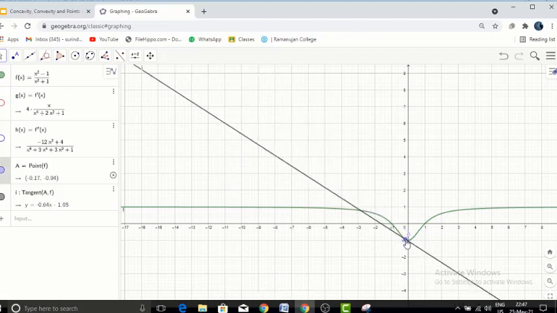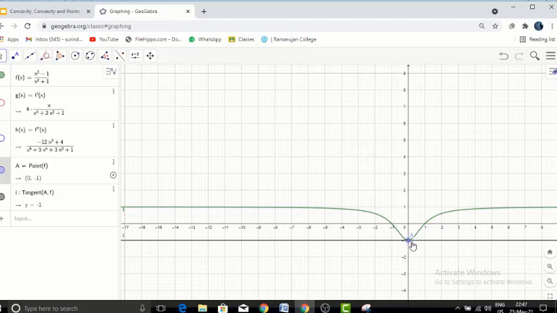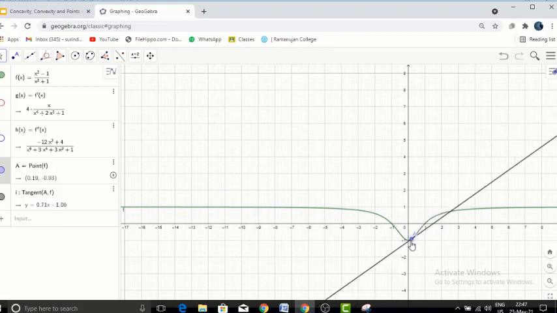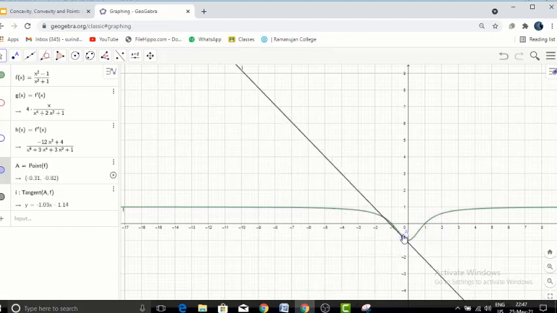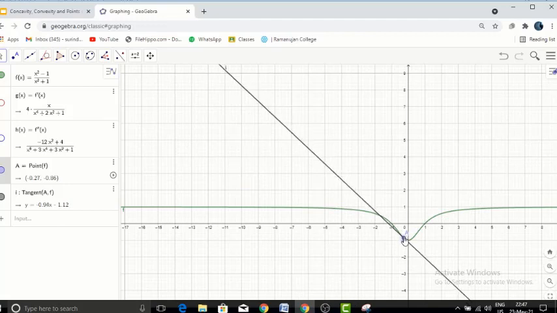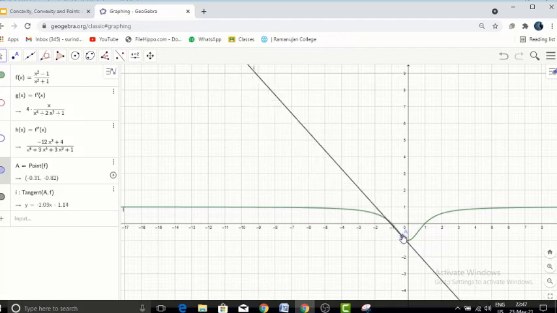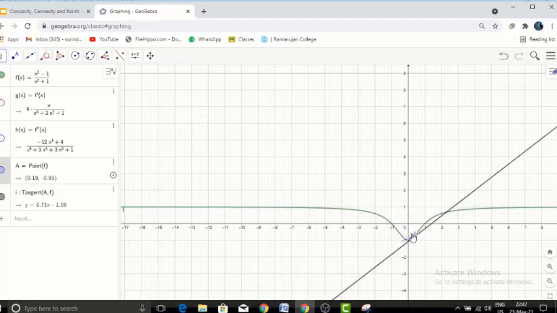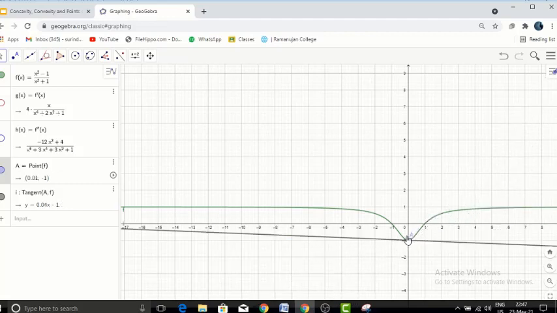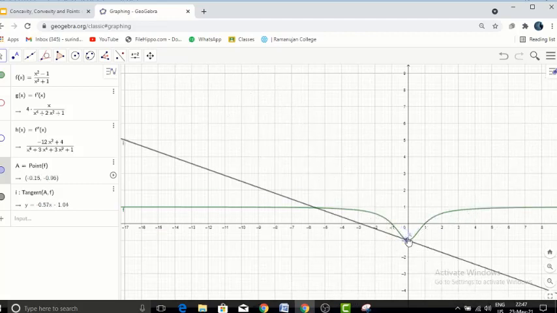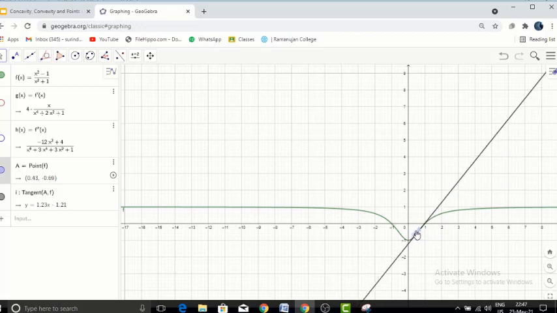Look, in this portion, nearly, this point is minus 1 by under root 3. In this portion, the curve is concave upward, and somewhere here is the point 1 by under root 3.